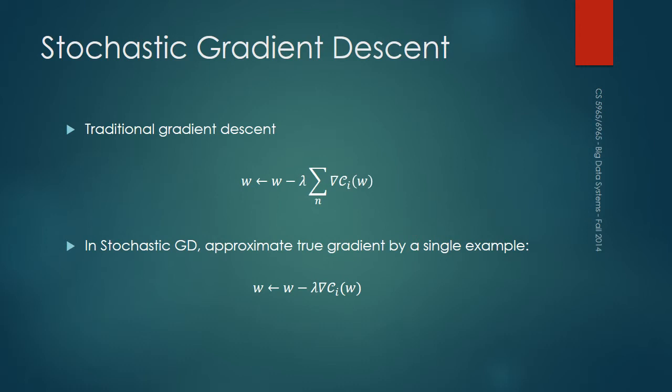In stochastic gradient descent, we are not really getting the true gradient, we're just approximating it using a single example. So the structure is exactly the same, but now instead of using the summation of the effect of all data points on the gradient, I'm going to only ask what the gradient is if I only consider one data sample.